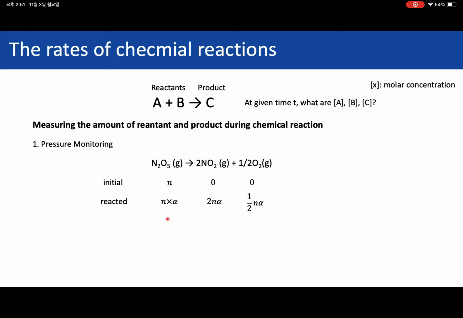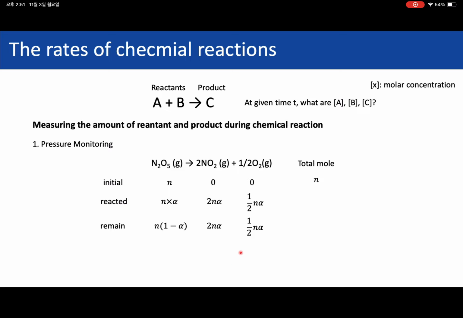However, for N2O5, since this is the amount of reaction, the remaining mole of N2O5 is n(1 minus alpha). Yes, we are subtracting n multiplied by alpha from n. So we have this amount of gas molecules after n alpha mole of N2O5 has reacted.